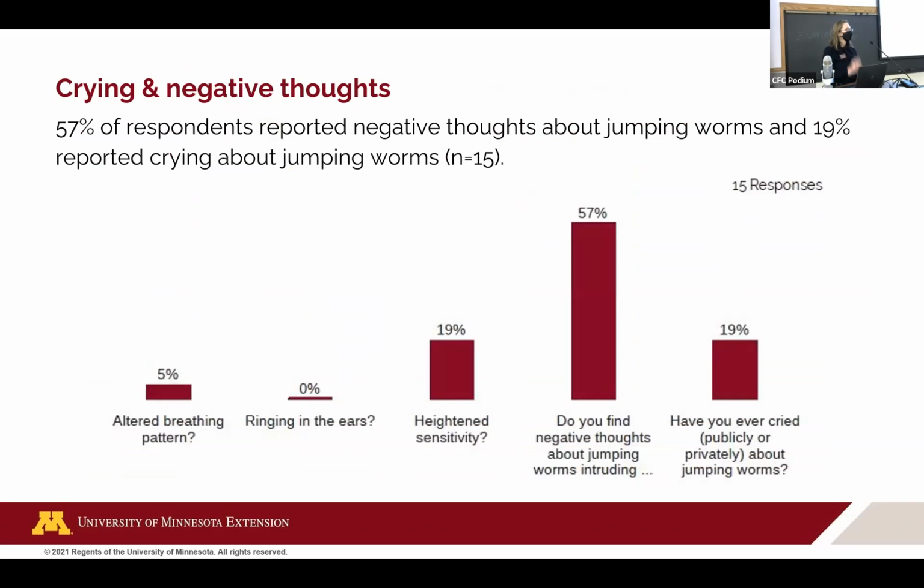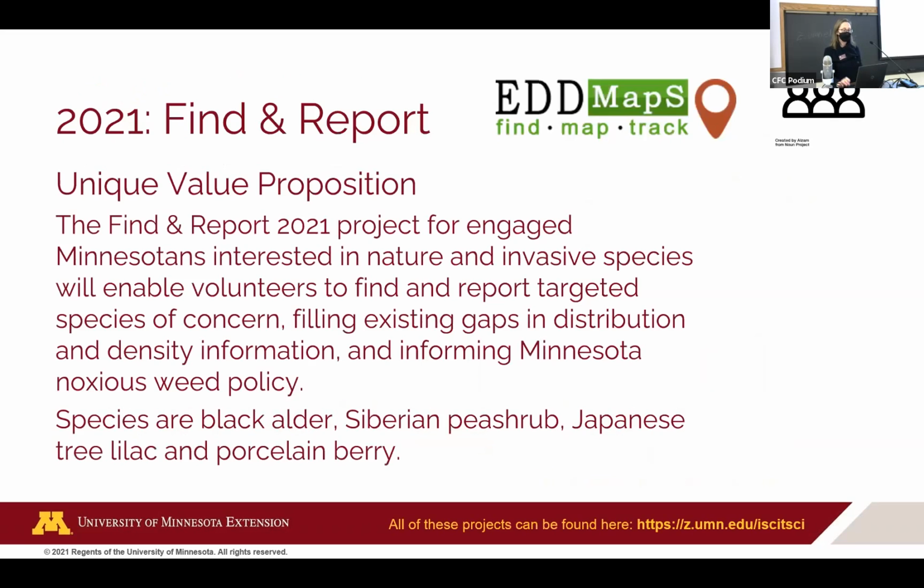This crying thing was real. So 57% said they had negative thoughts about jumping worms. 19% reported crying either publicly or privately related to jumping worms. And 19% had a heightened sensitivity to jumping worms. So again, I think it's important that we realize that there are people behind all of these decisions, and we need to be able to understand what they're feeling in order to help them work through these issues and be better stewards of the land.